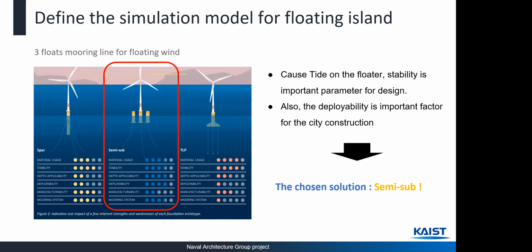Also, after we build our floating city, we need to make other structures to expand our floating city. So we consider the developability for our floating island, and we select the same ones for our simulation.